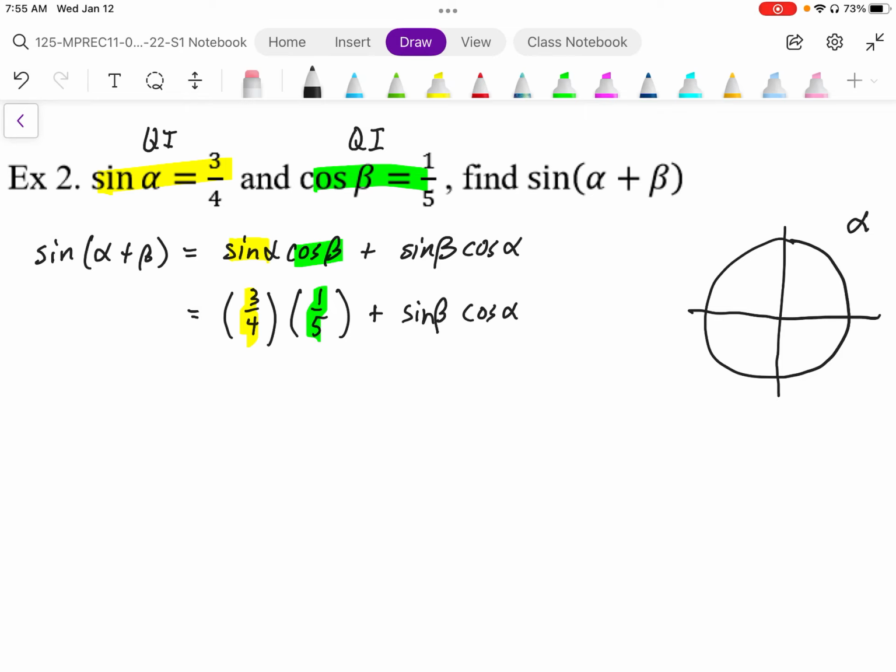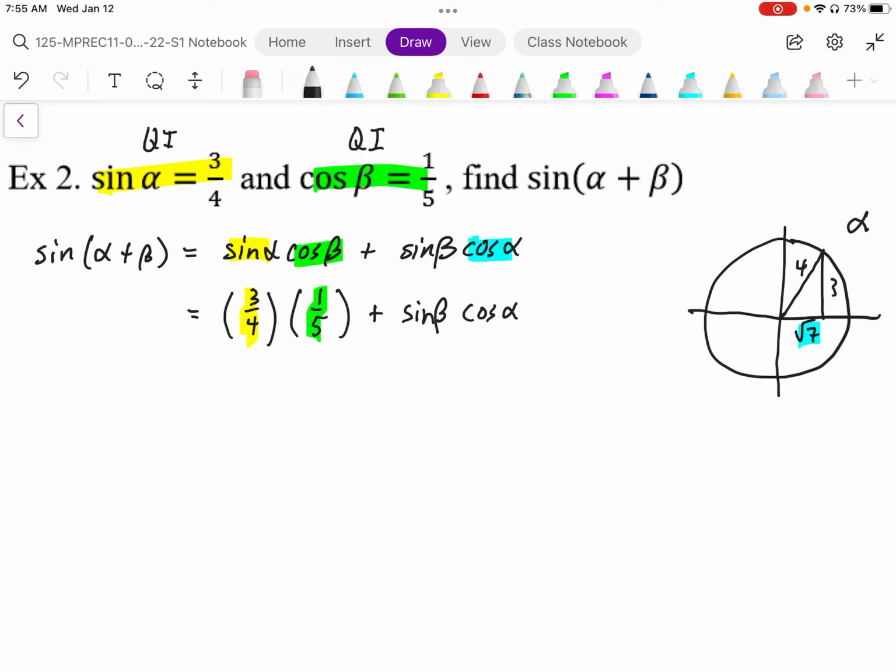So sine alpha is in quadrant 1. So sine alpha is going to look like this: 3, 4, and then using Pythagoras, I'm going to get 16 minus 9, or root 7. So there's my picture for the angle alpha. That means I now have my cosine of alpha.